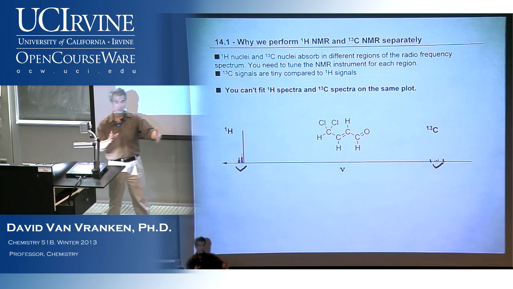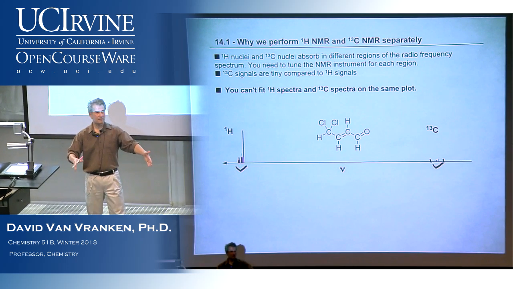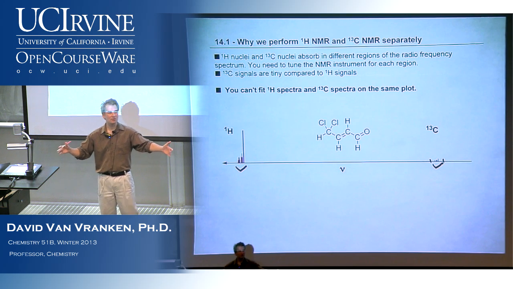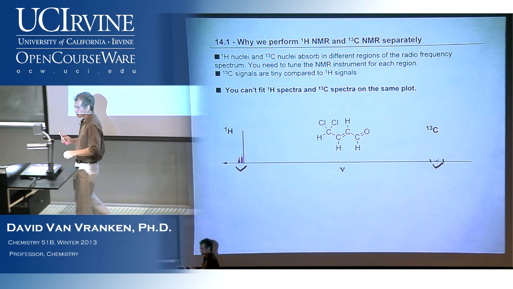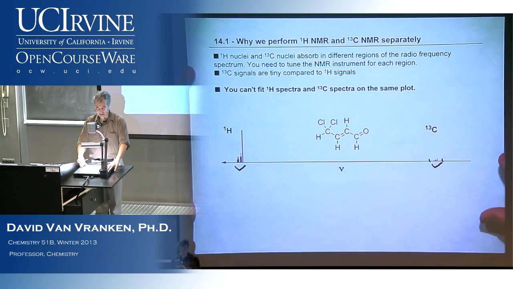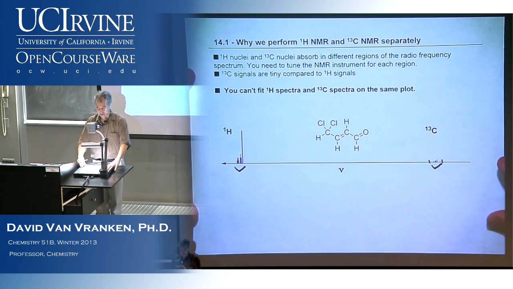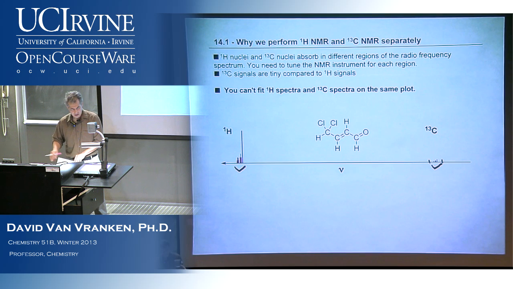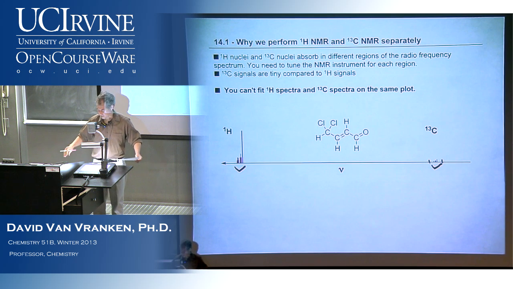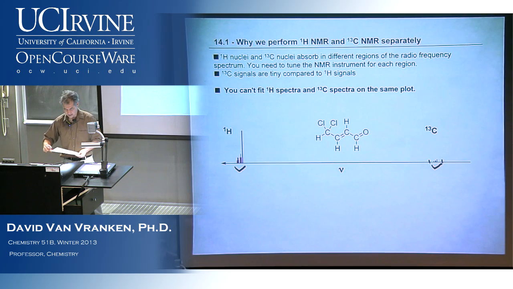So from now on, I'm going to separate proton NMR from carbon NMR. We do those as two separate experiments because you just can't fit those onto the same plot. So for the rest of these lectures, I'm going to separately discuss C13, carbon-13 NMR, and proton NMR, even though the basis of the experiment, pulse with energy and listen, is the same. There's no difference there.